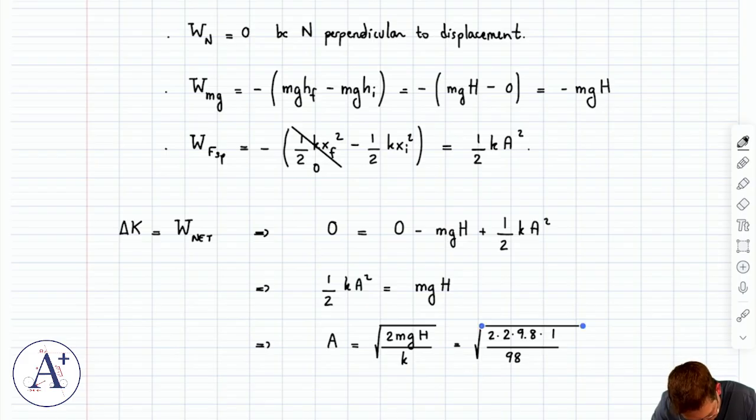Interesting choice, but okay. So this is going to be 2 times 2 is 4, and then 9.8 over 98 is 1 over 10, 0.1, basically. Okay, yeah, I mean, square root of 0.4, kind of weird, meters.